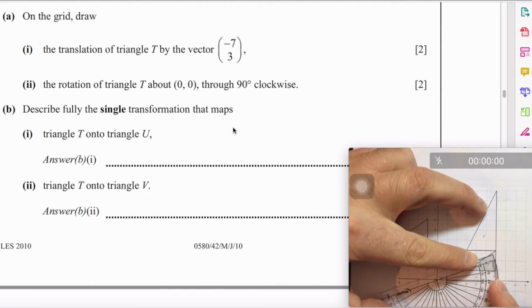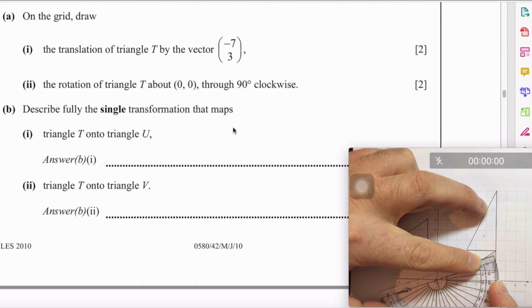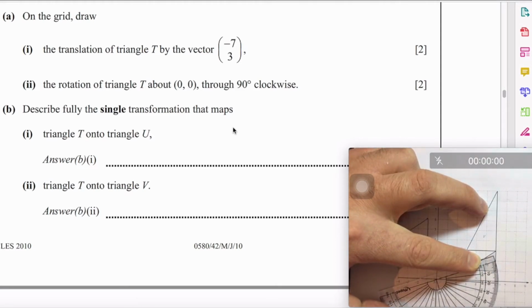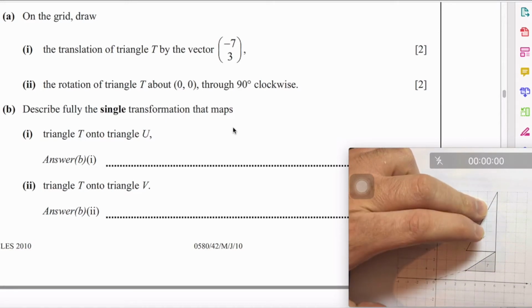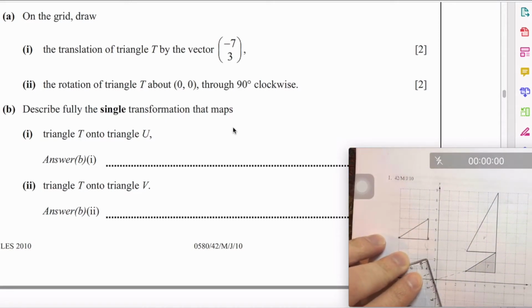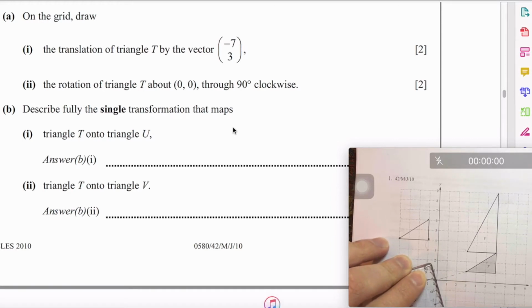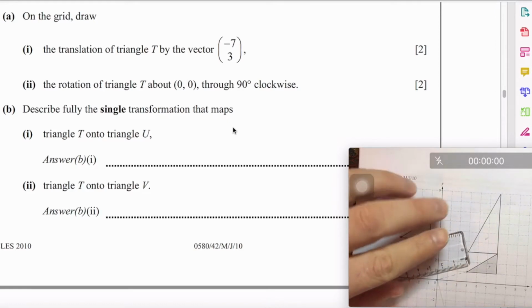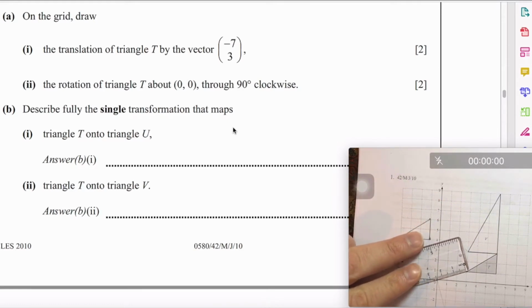As it says clockwise, this direction is clockwise. So 90 degrees will come here. So on this line is the line on which you are supposed to construct the image. Then you know that rotation is isometric. The size won't change. As you see, it is almost 2.5 centimeters.